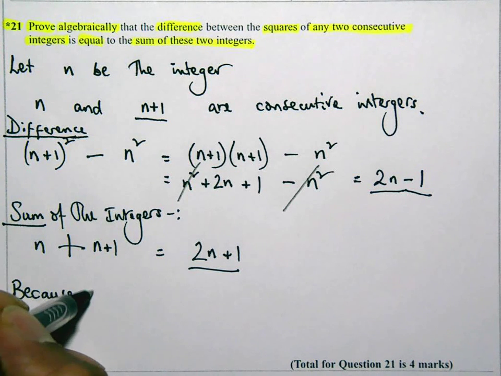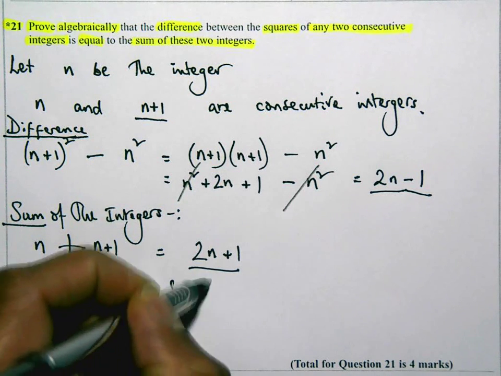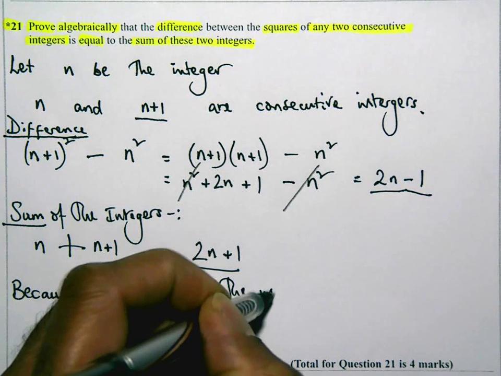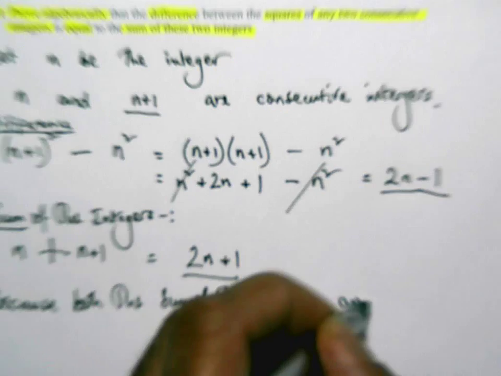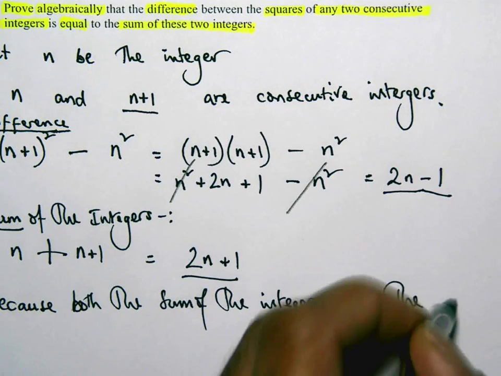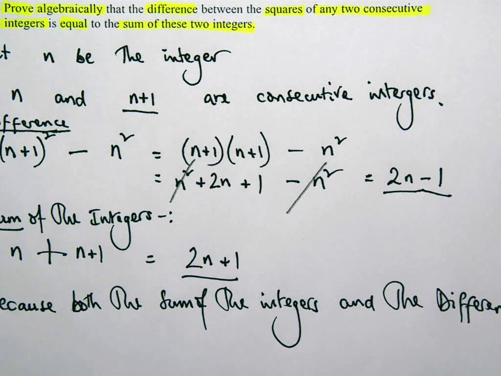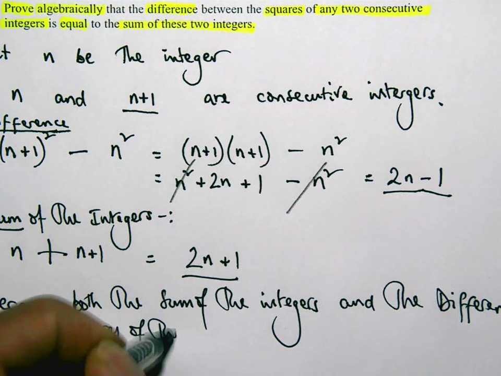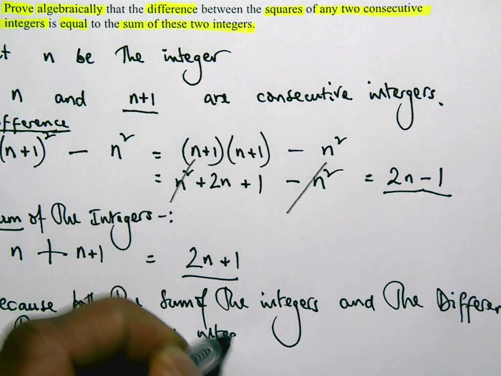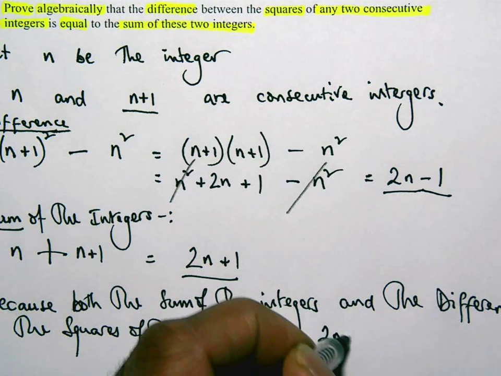both the sum of the integers and the difference of the squares of the integers is 2n plus 1.